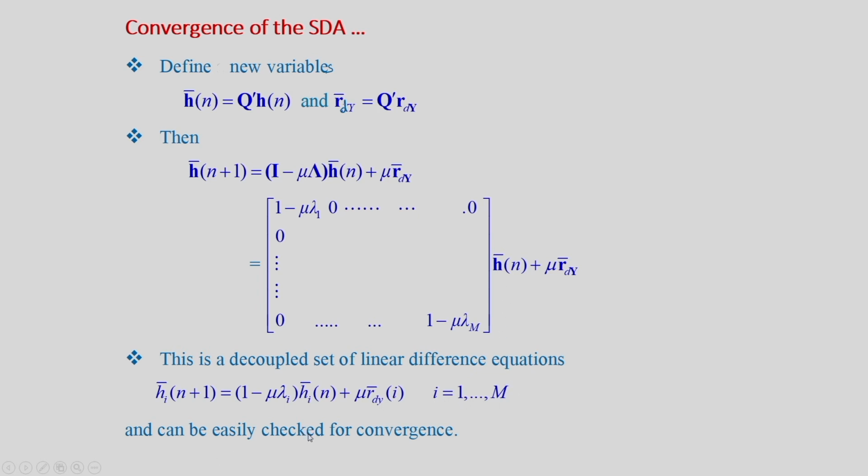And this can be easily checked for convergence, because now we have a difference equation like this and this coefficient will determine the convergence. For example, the first equation will be h1 n plus 1 will be equal to 1 minus mu lambda 1 into h1 n plus mu r dy.